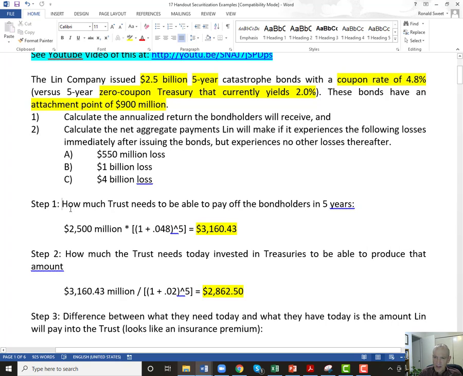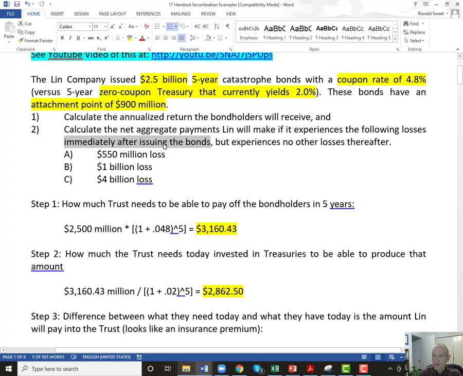I'll go through it quickly and then we'll do it again next class, just to kind of set it up. So first question we ask is, how do we make sure these bondholders are going to get their 4.8% return? You notice I say that the CAT happens immediately after the bond is issued. So this is probably more than likely earthquake coverage, because we're not going to issue a bond today and tomorrow a hurricane wipes out the company, because you can see hurricanes coming many days before.